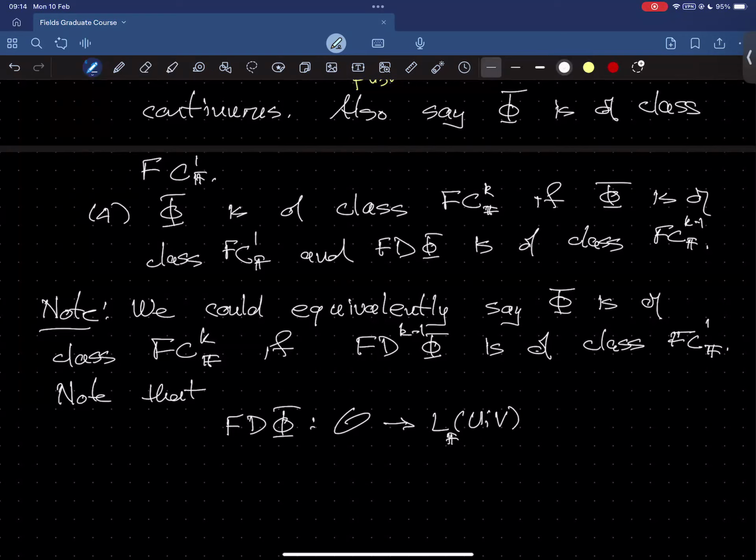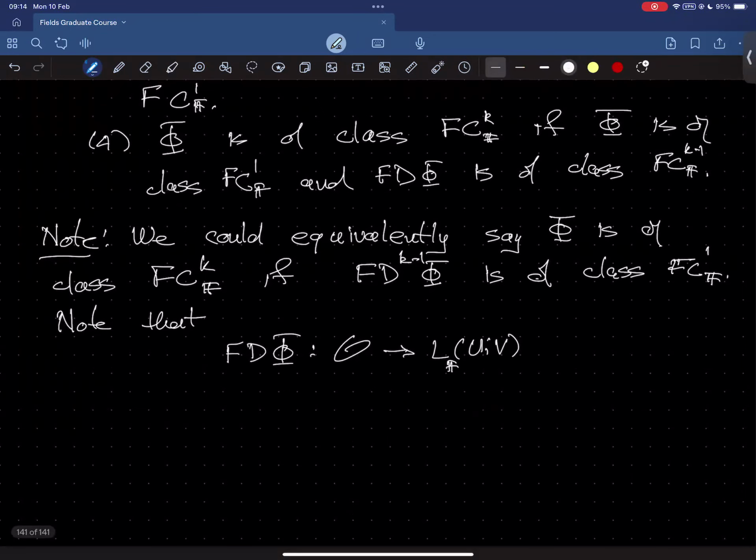Otherwise, it's a continuous linear map between these two normed spaces, but the idea is rather the same. Okay, so therefore, the derivative of the derivative, so FD2 phi, which is of course just FD of FD phi. Okay, so what's this going to be, first of all?